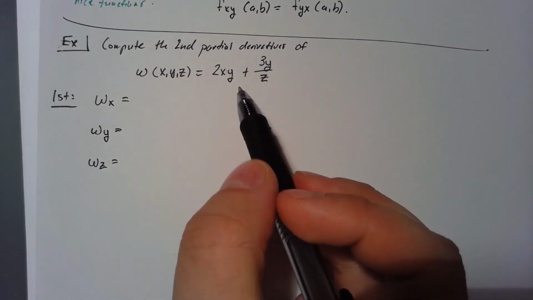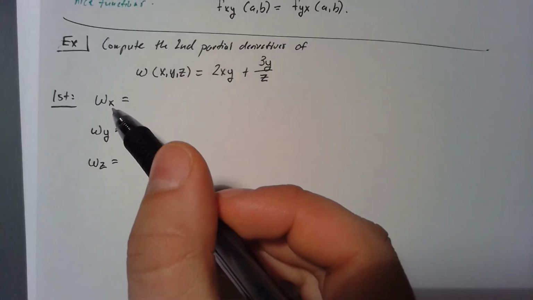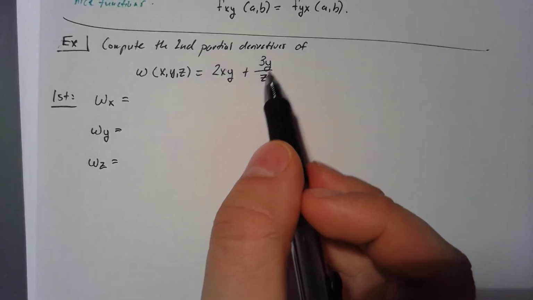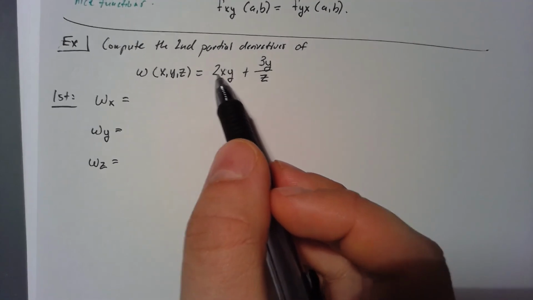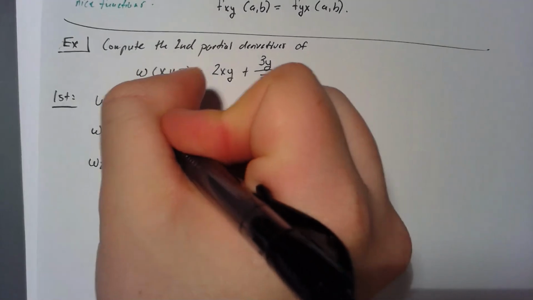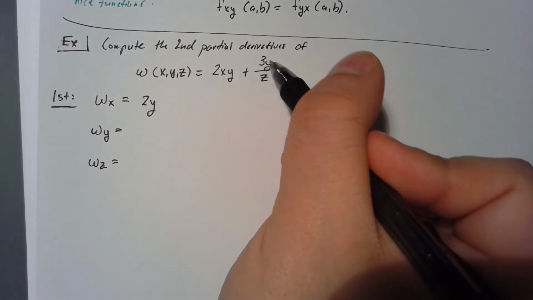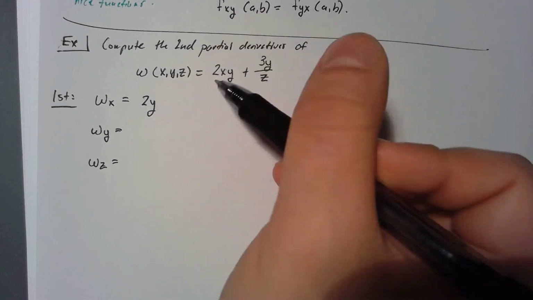Alright, so now I'll go through them. For x, that means y and z are going to be considered constants here. The derivative of x here is 1, so I'm going to have 2y. And since these are constants, I don't care about that, so that's just 2y.